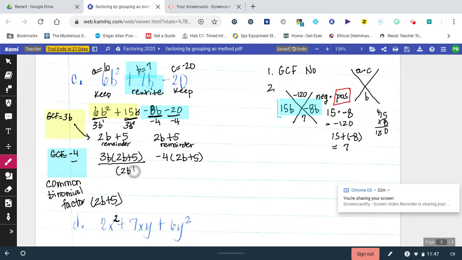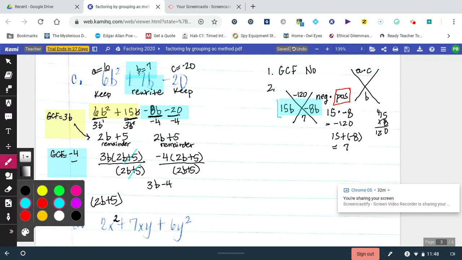And some of you have probably gotten so good at this, you don't have to show the part where you're dividing. Because I already know I'm going to be left with 3b minus 4. I mean, that's a given as a remainder. You see what cancels out. This cancels and this cancels. So that's how you're left with the remainder of 3b minus 4.